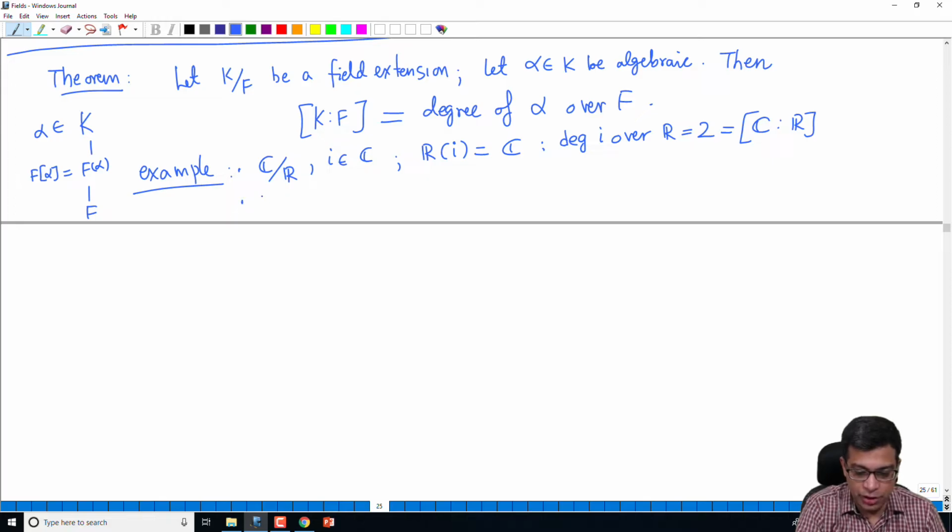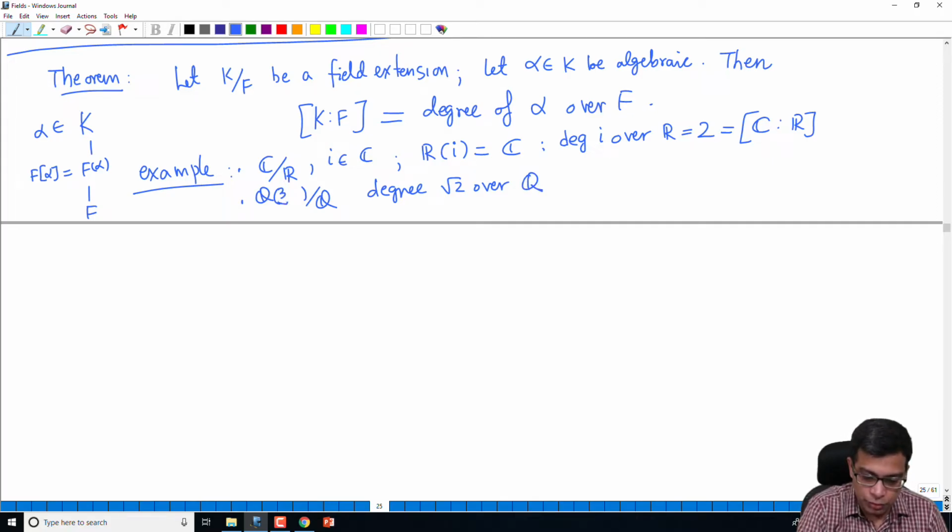Another example you can take is Q adjoin root 2 over Q, then degree of root 2 over Q. Let me take cube root of 2 just for variety. So cube root of 2, degree of this over Q is actually 3. One can prove this because x cubed minus 2 is an irreducible element.